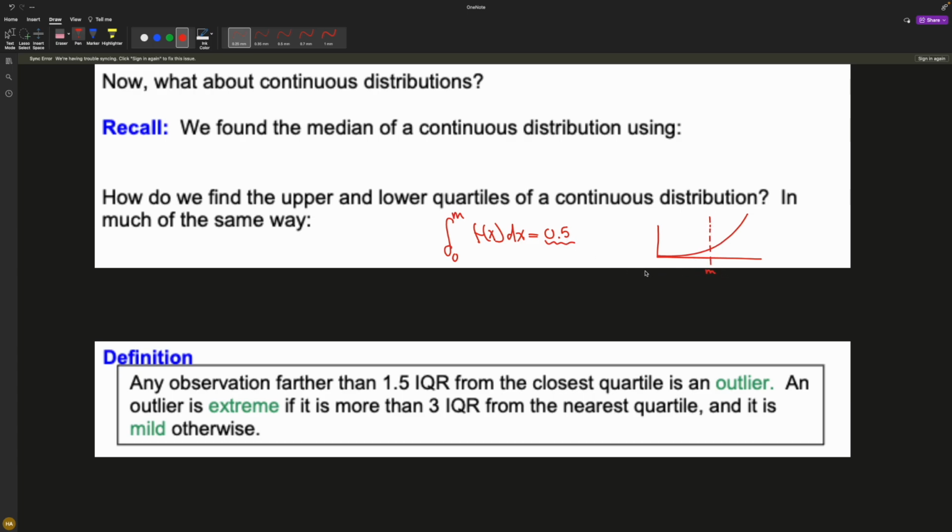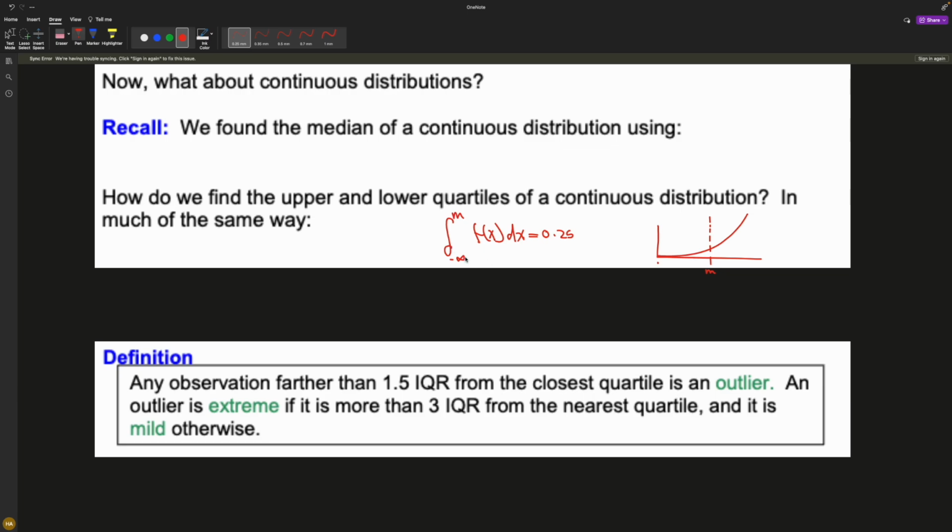So since I want the 25% and the 75%, to get them I just have to change this to 0.25. Now I'm integrating from 0, which technically is not going to be 0. Your function doesn't exist in the negative, but in math you've always got to cover all cases. So this will be negative infinity to m, and then this will eventually go from negative infinity to 0, which cancels out, then go from 0 to m.